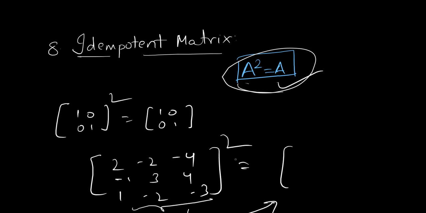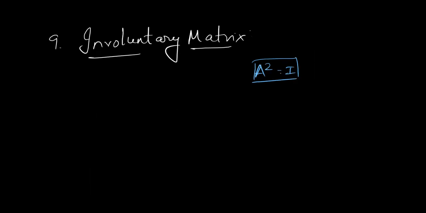Now let's see how to multiply, add and subtract in the next lesson, but right now we will see the properties. Idempotent matrix. And now we go with involuntary matrix.